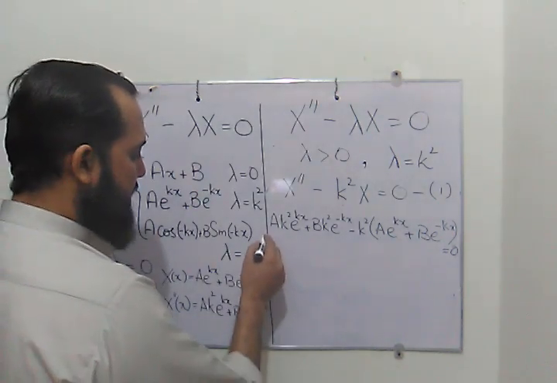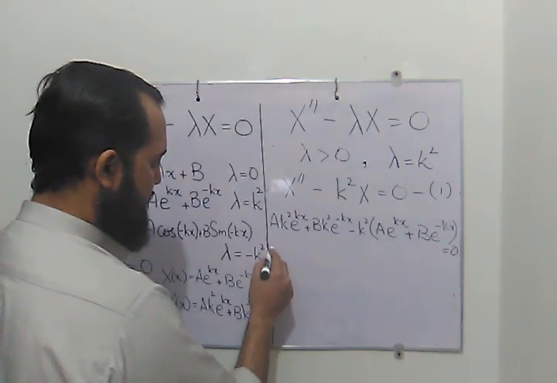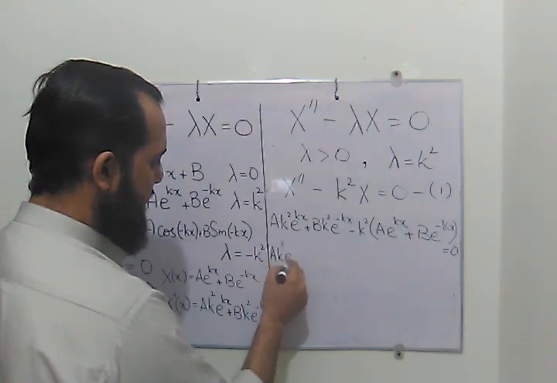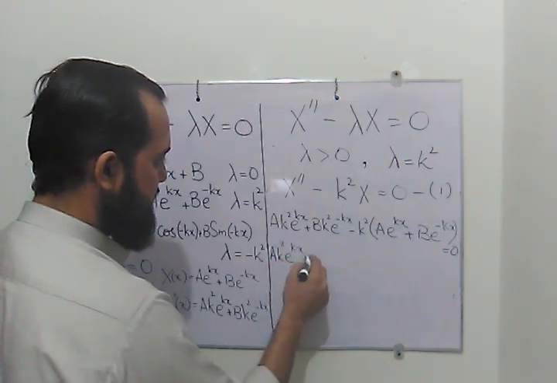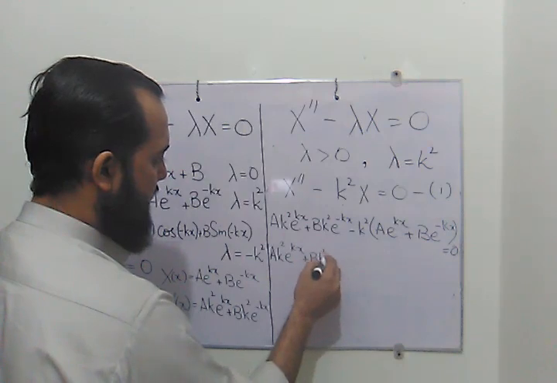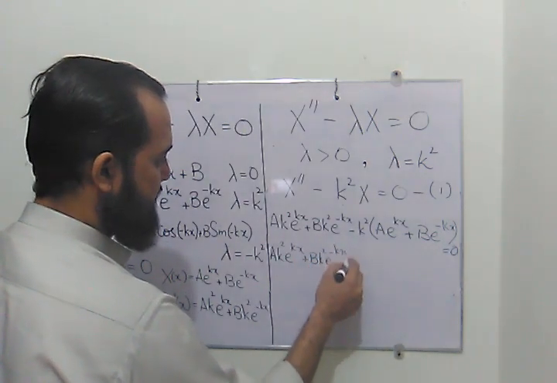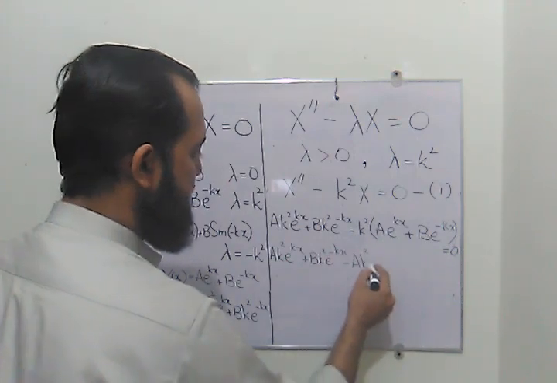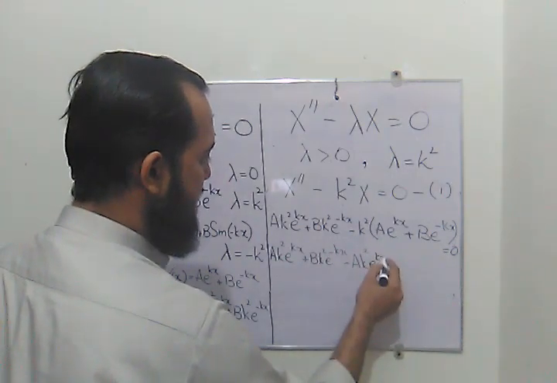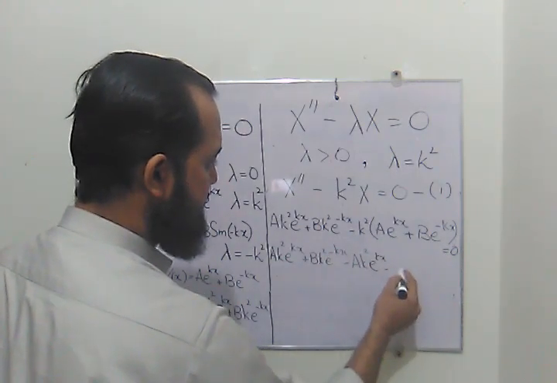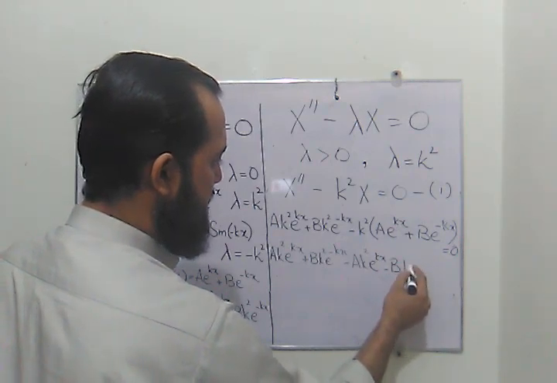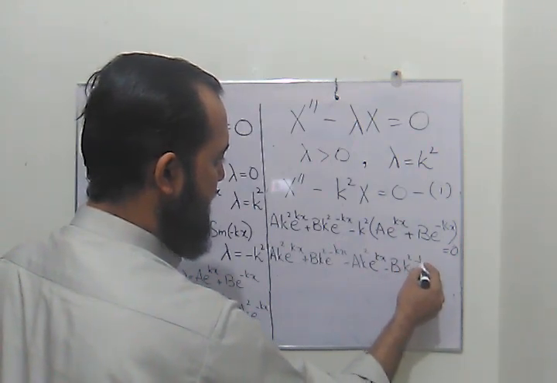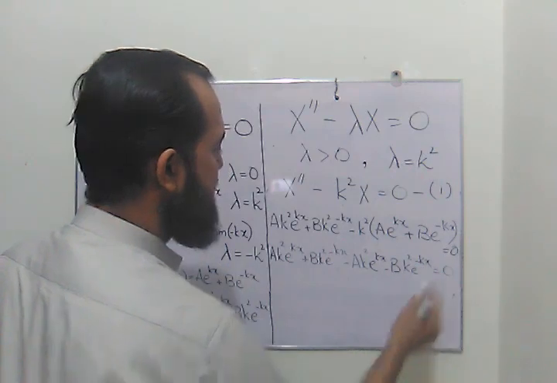Now if we simplify, we have a k square exponential kx plus b k square exponential minus kx minus a k square, we multiply k square inside, exponential kx, minus plus minus b k square exponential minus kx, is equal to 0.